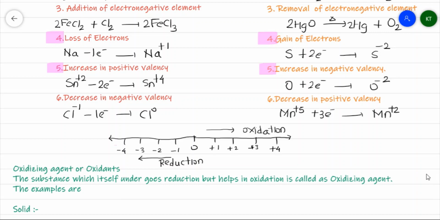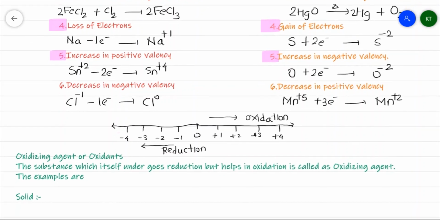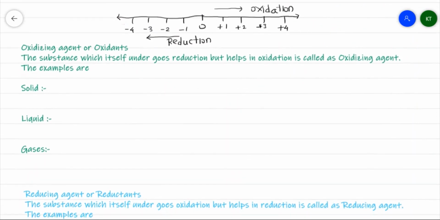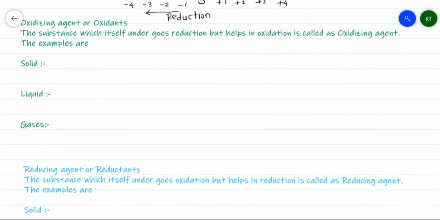Now, after gaining the understanding about oxidation and reduction, let us focus on one more thing, that is your oxidizing agent, or what is called an oxidant, and what is a reducing agent, that's a reductant.